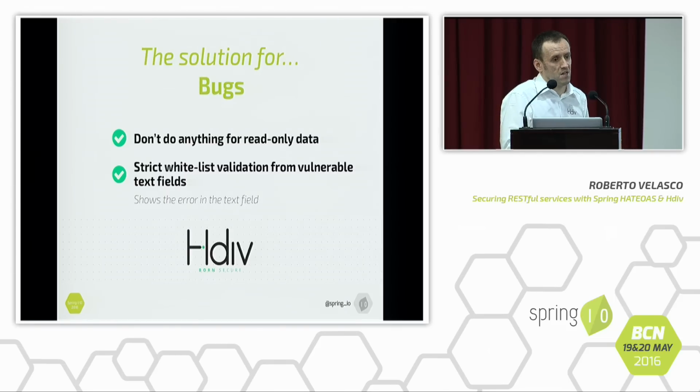In real time, we can define a strict validation that does not allow an attack against this kind of data. Additionally, as I have said, we can show the error on the screen, thanks to the integration that lets us report the error to the client side, and we can show the error inside the client application, such as Angular or Android.